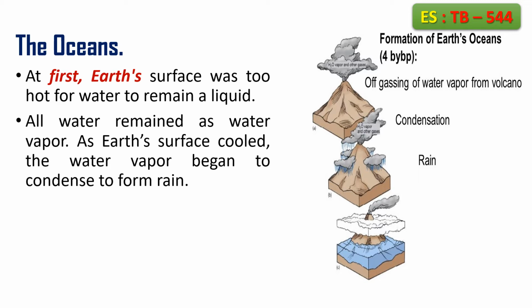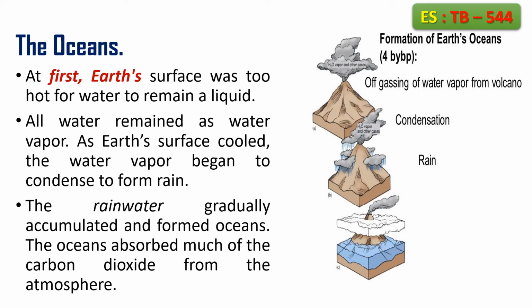Water vapor outgassed from volcanoes joins with other gases and forms different molecules such as water vapor, nitrogen and ammonia. These water molecules undergo condensation and finally precipitate as rain.